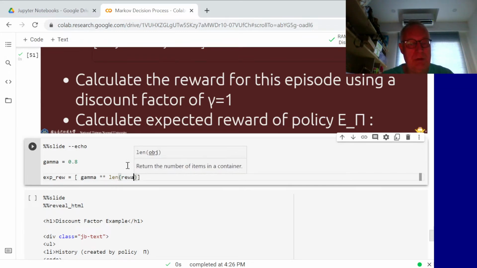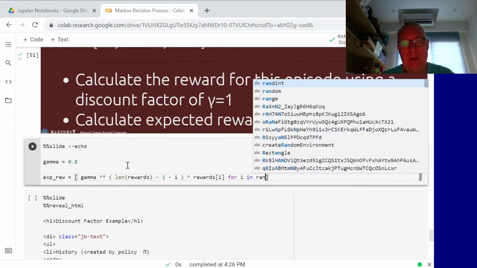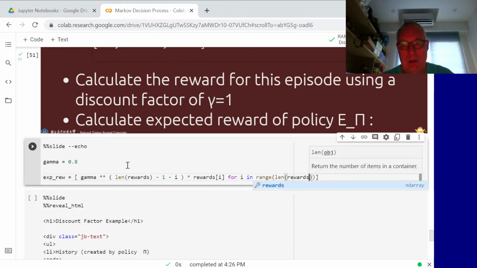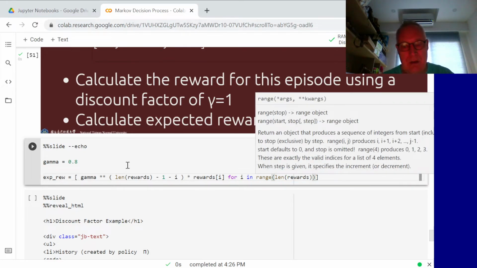Length of rewards minus 1 minus i multiplied by rewards i for i in range length rewards minus 1.